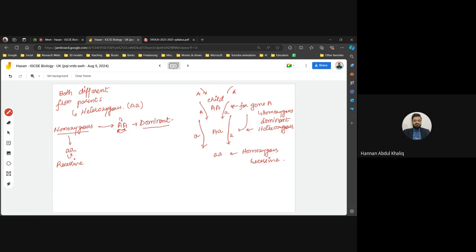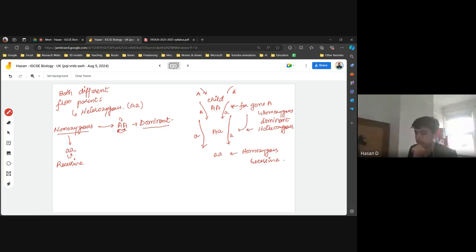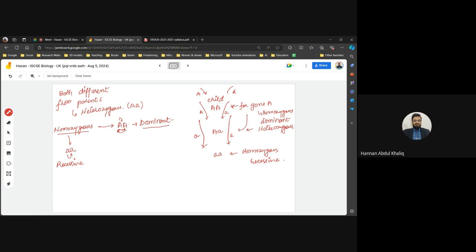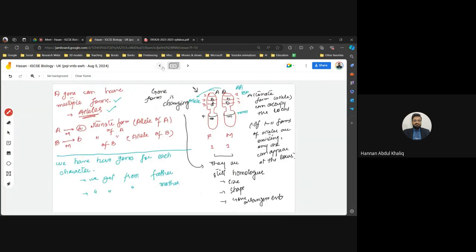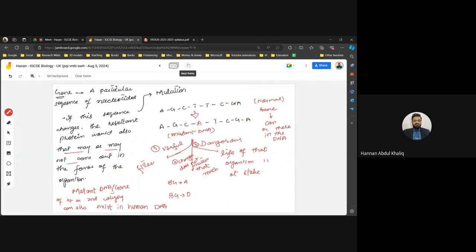So, okay, is this clear? Yes. Now we have understood many terminologies here. We have got the idea about the homolog, the alleles, and the genotype. These three terminologies are really important for the topic that is about to come.